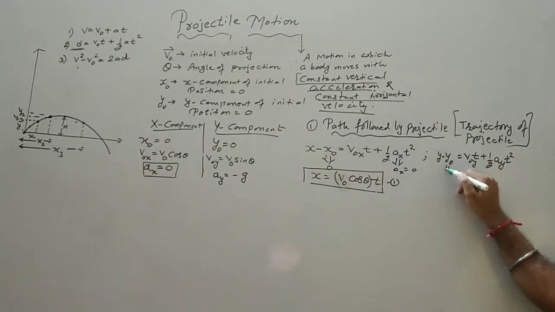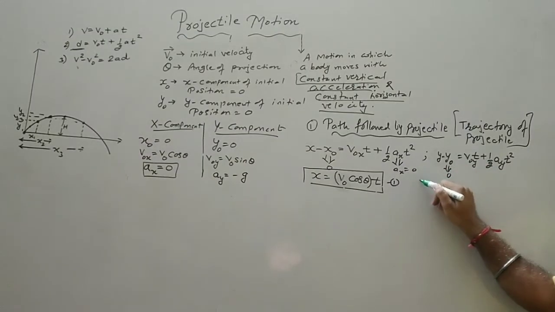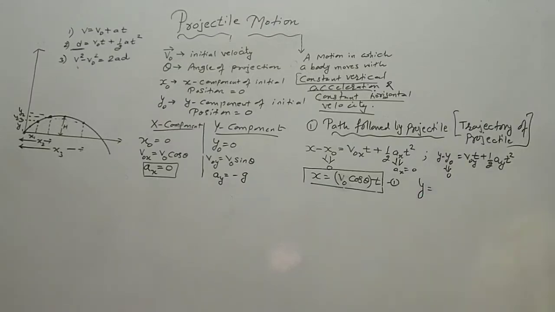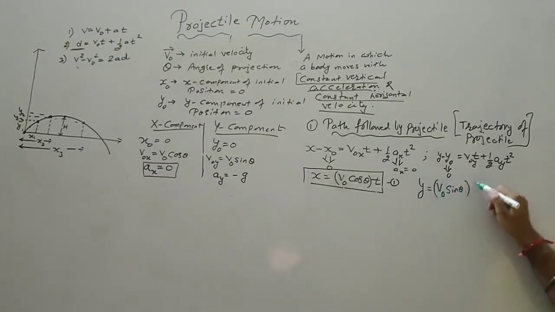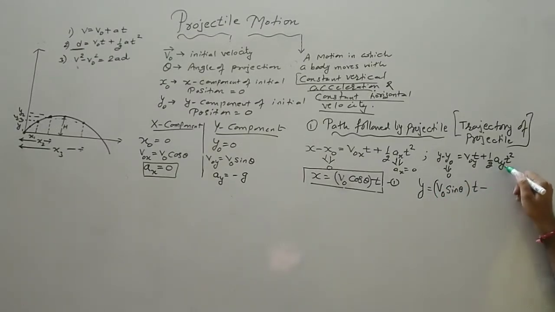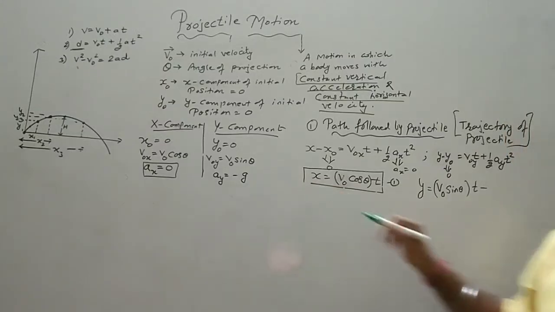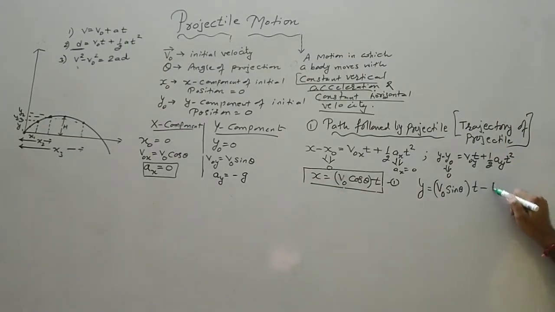Similarly, y naught is equal to 0. So this equation becomes y is equal to v naught y t, where v naught y means v naught sine theta, into t. Ay is equal to minus g, so minus half g t square.